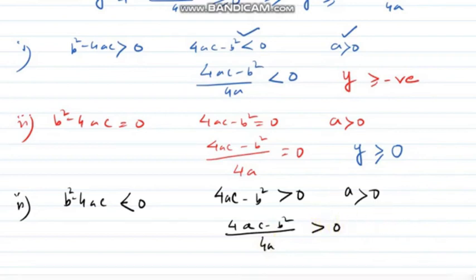So for this calculation, my y will be greater than 0. Not y greater than equals to 0, here it will be y greater than equals to one positive number, right?